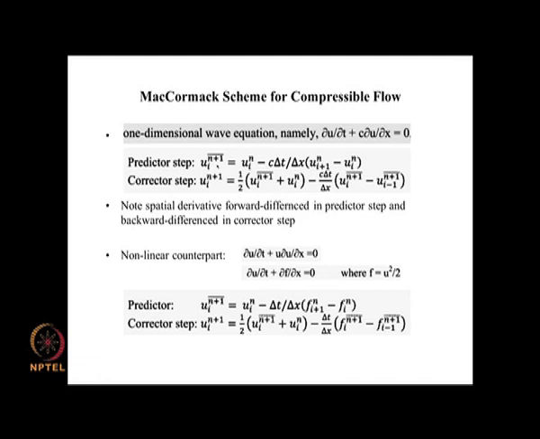Now, the value obtained by this is corrected in the next step as u_i^{n+1} equal to half of (u_i^{n+1 bar} plus u_i^n) minus c delta t by delta x times (u_i^{n+1 bar} minus u_{i-1}^{n+1 bar}). So, what does it mean here?